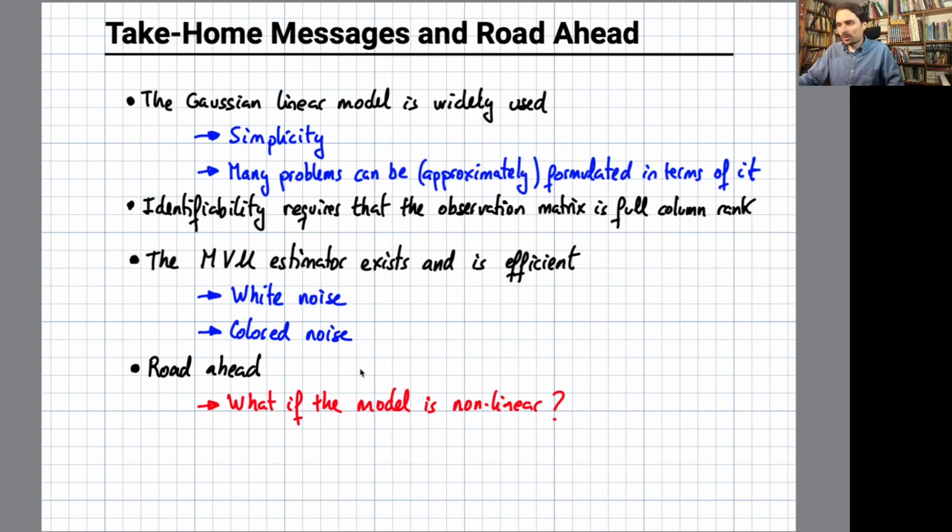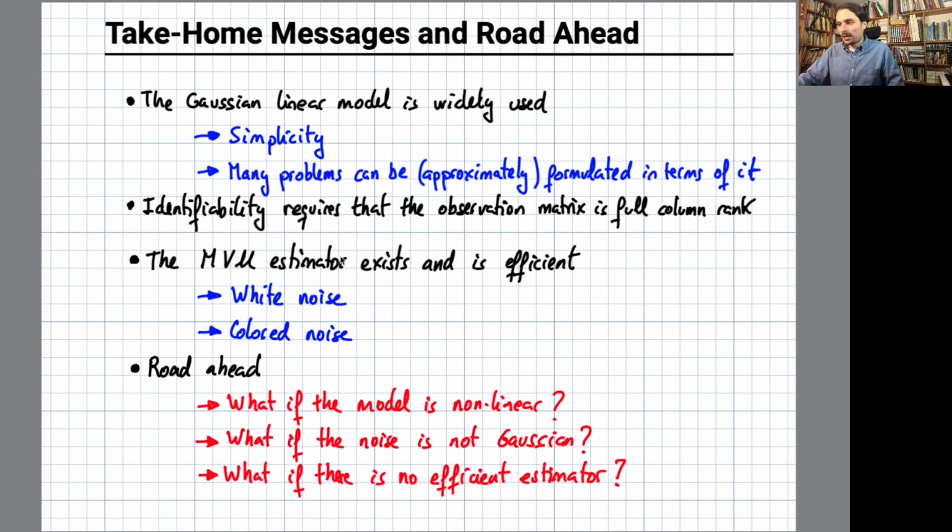So it remains to answer some open questions at this point. What happens if the model is nonlinear and we are not willing to approximate it using a Gaussian linear model? Perhaps that is a very poor approximation. What happens if the noise is not Gaussian? Another assumption here was that the noise is Gaussian, but this need not be the case in practice.